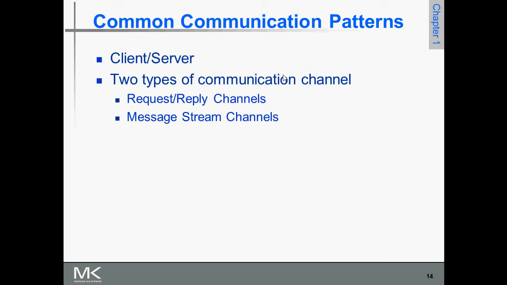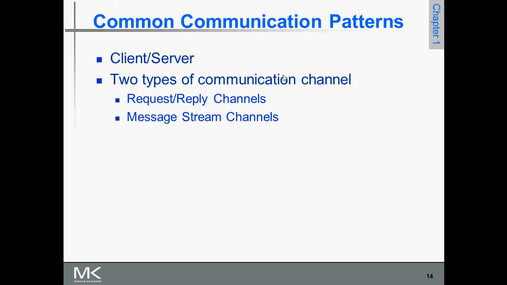Then we have two types of communication channel, request reply channel and message stream channel. The request reply channel is used by web pages and other simple applications. Then what is a message stream channel? The message stream channel is used by two other classes of application, that is real-time audio and video, and streaming audio and video.